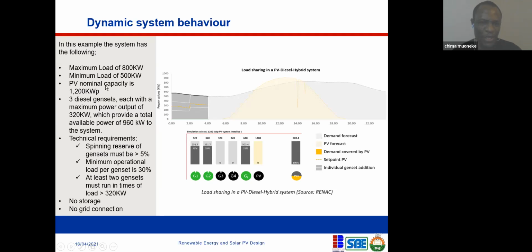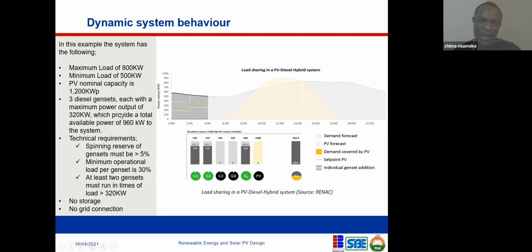The installed PV capacity is 1,200 kilowatts peak. We have three diesel generators, each with a maximum power output of 320 kilowatts, which provides a total available power of 960 kilowatts.